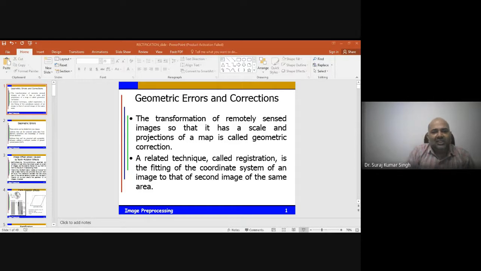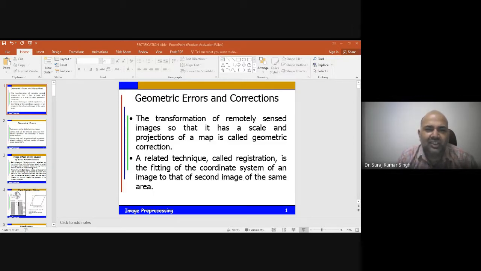So you can see in the current table how these ground control points are being assigned to the satellite image, and what kind of transformation is being done when you provide the reference data. This is the polynomial equation that we have already studied, which will be taken into consideration for identifying the positioning.